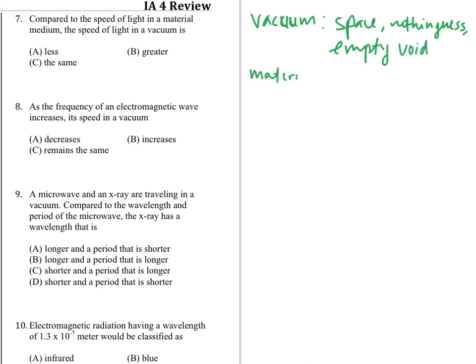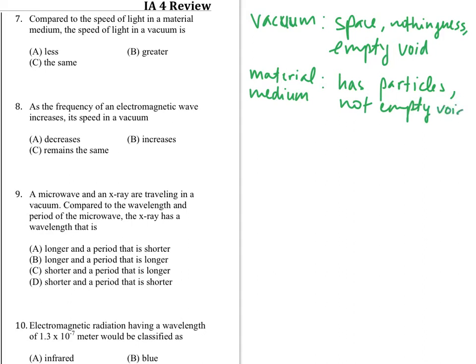Material medium. That means we have particles. It has particles. Regardless of what type of particles, there's something there. Not empty. So let's think about that. Do you think you'll move faster in something that's empty or something that's full of stuff? We're obviously going to move faster in the vacuum. Faster in vacuum.